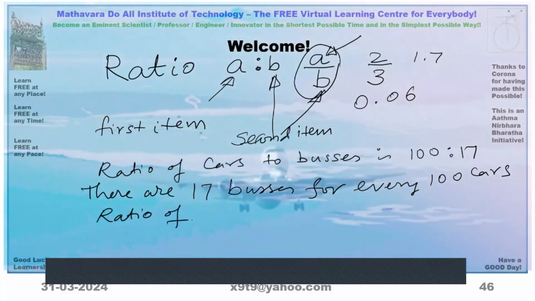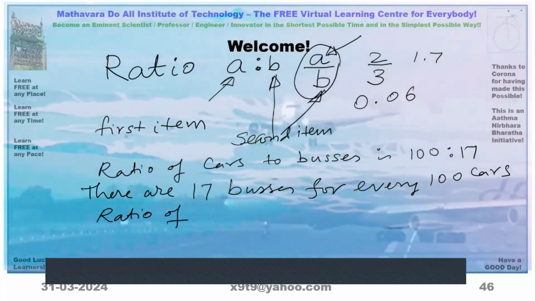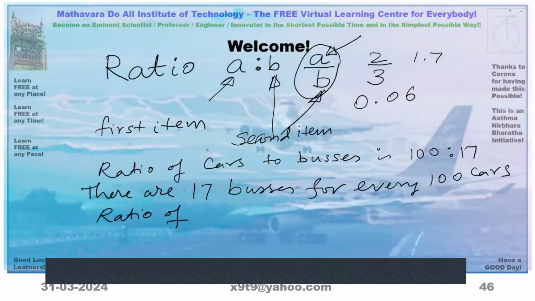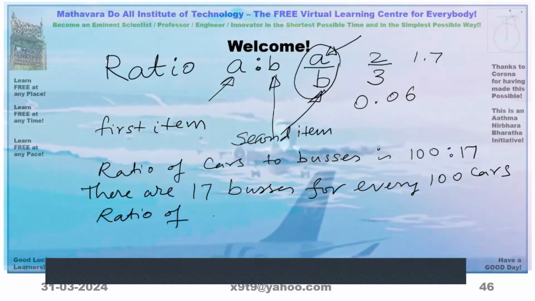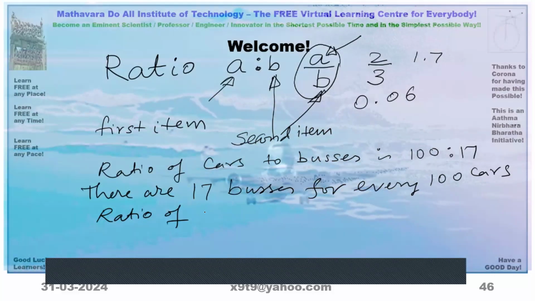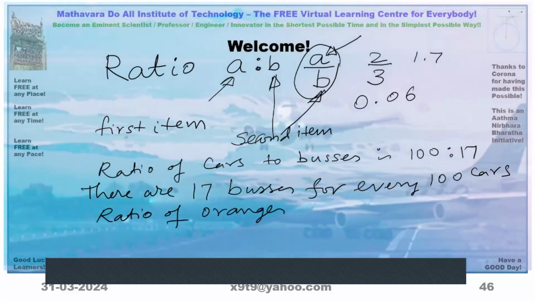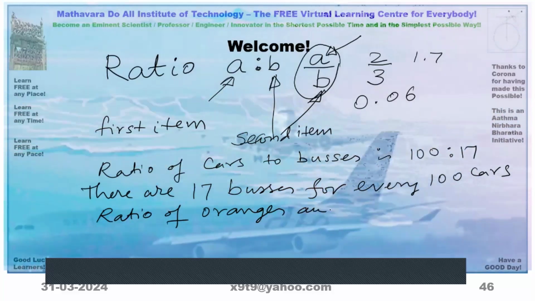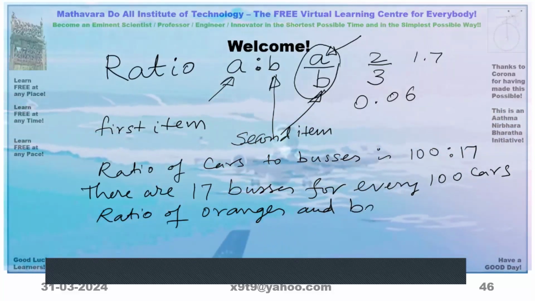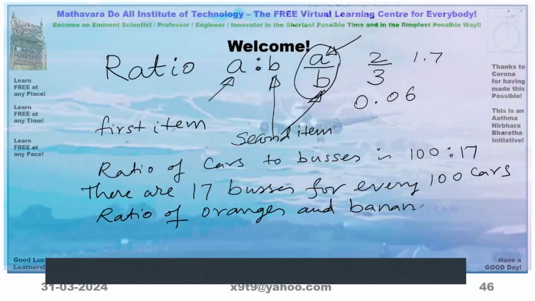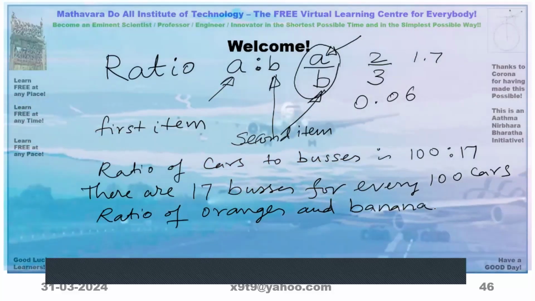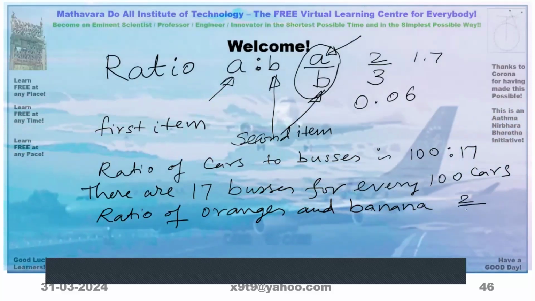The ratio of, say, number of oranges and bananas is 2/3.